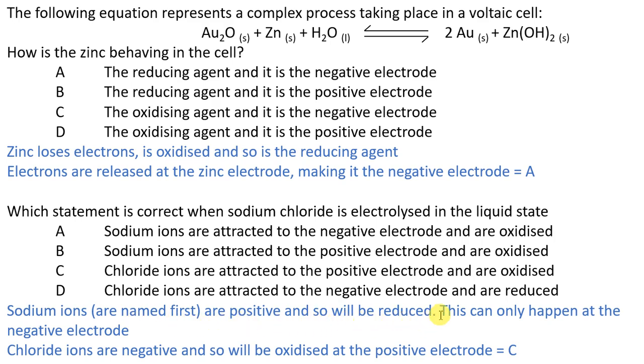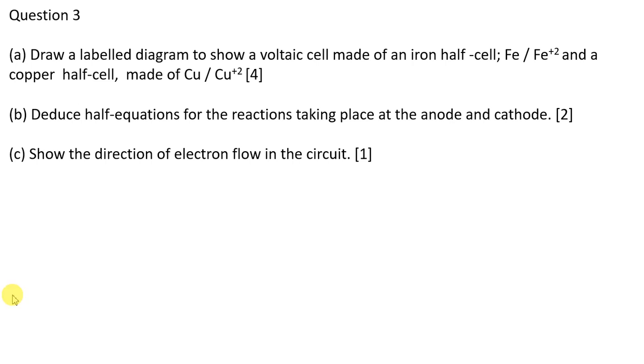If they're positive, they will be reduced when they're discharged. That can only happen at the negative electrode. Chloride ions, named second, are negative, so will be oxidized at the positive electrode. That takes me to C. My chloride ions are attracted to the positive electrode and are oxidized. Next.